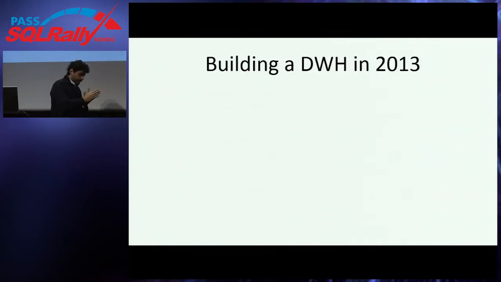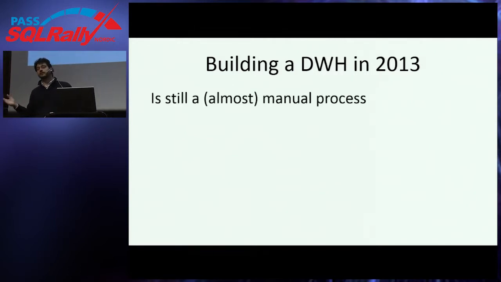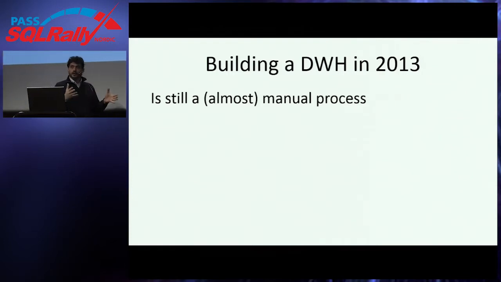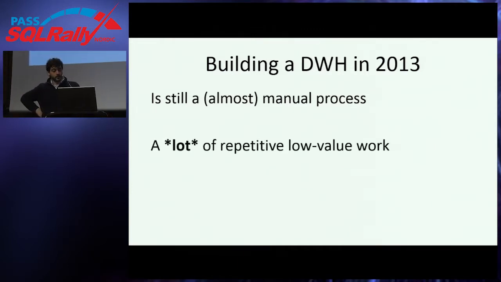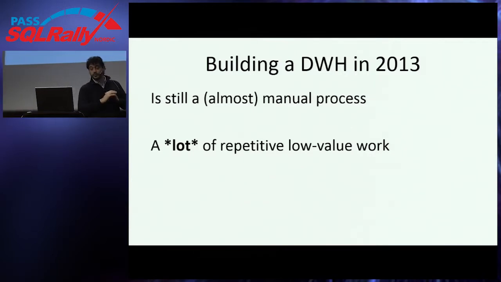Before starting, let's take a look at how we build data warehouses today. At least this is what happens in Italy. Maybe you have different options, but unfortunately it's still almost a manual process. If you have to start from zero, you have to do everything by hand. There are no tools that can really be used to automate a lot. The truth is that it's a lot of repetitive work.